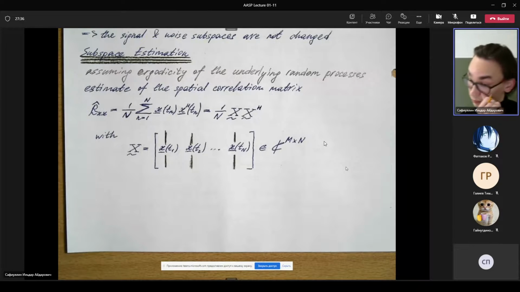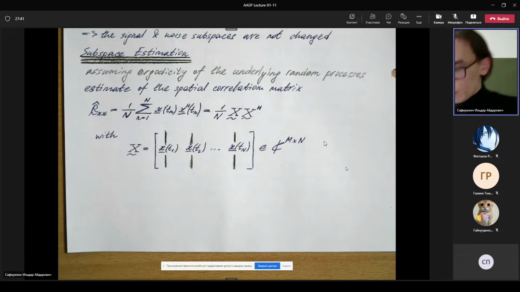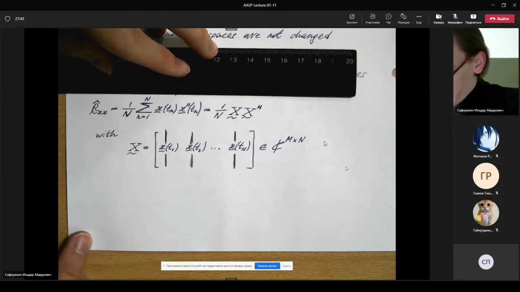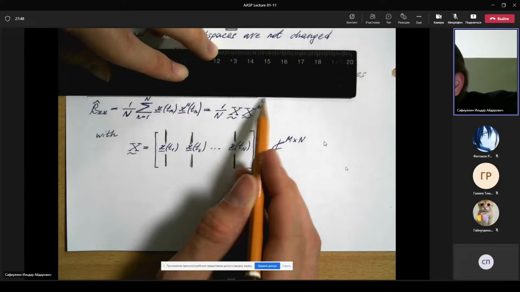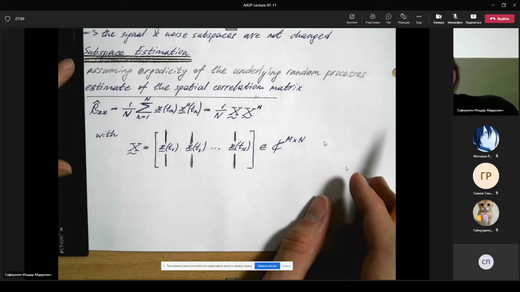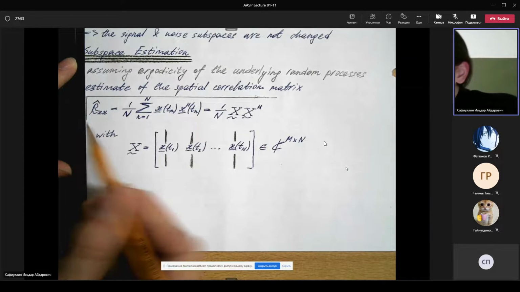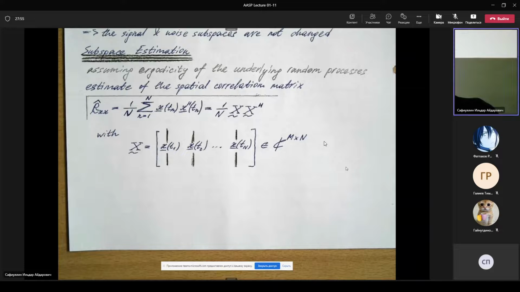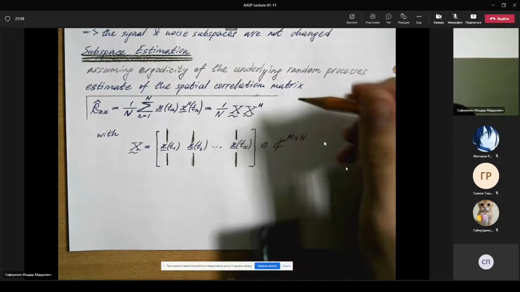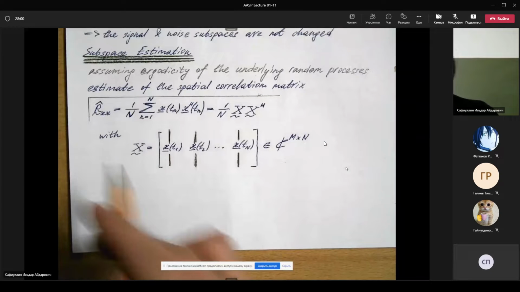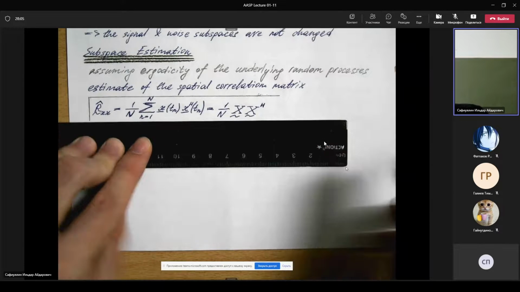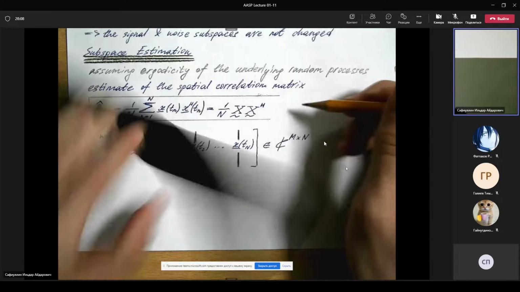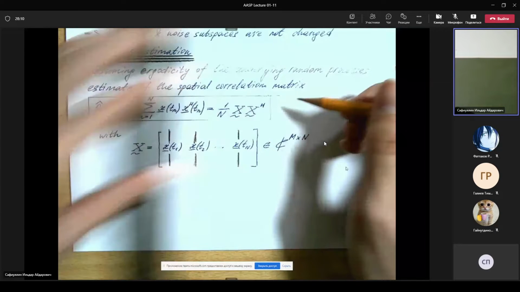Then I will put this equation for the estimate of the spatial correlation matrix into a box. And I will highlight with yellow color the left part with Rxx with hat, and the right part with 1 divided by N times X X Hermitian.